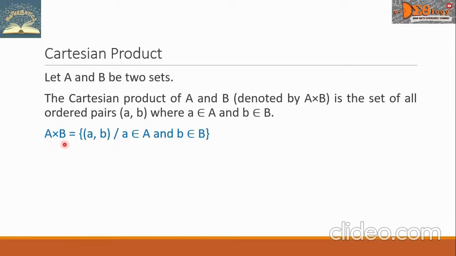A times B equals the ordered pair (a, b) such that a is an element of set A and b is an element of set B.